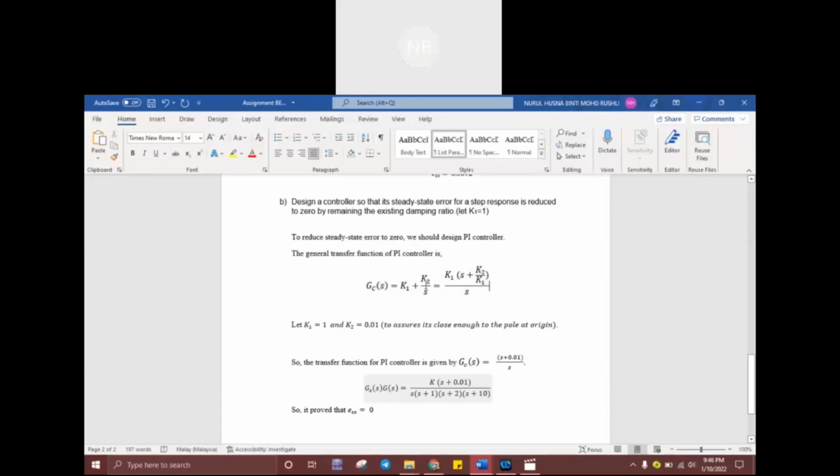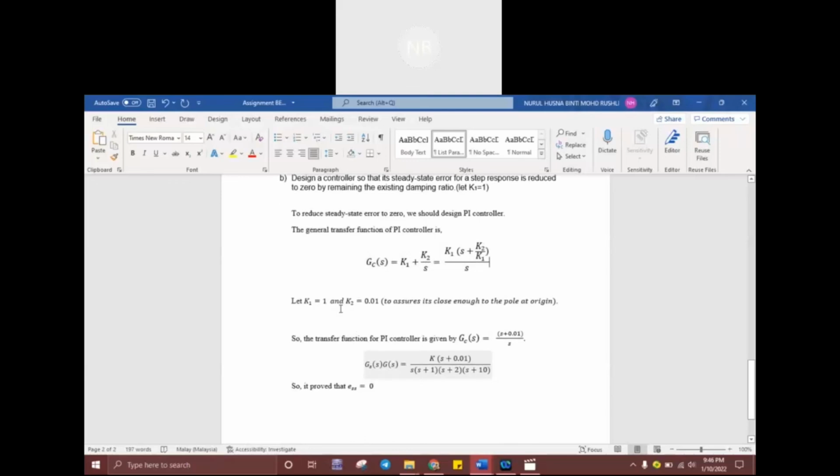We simplify the equation and we get K1 multiplied with s plus K2 over K1, divided by s.